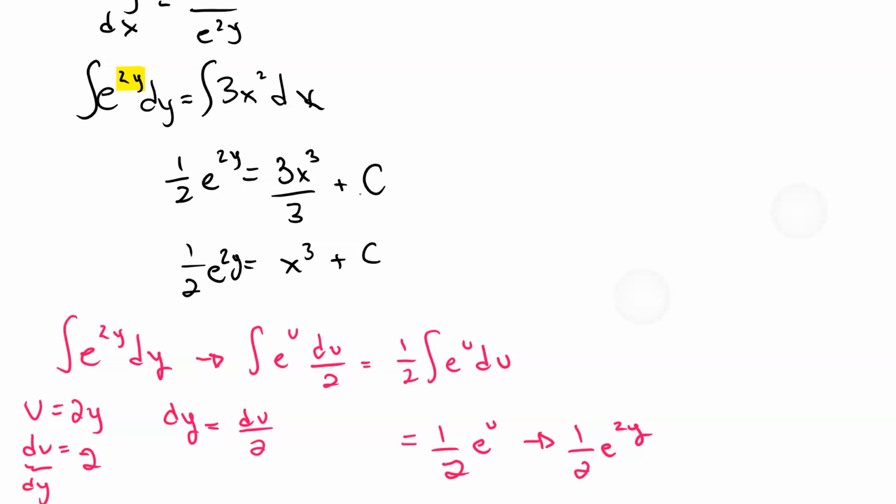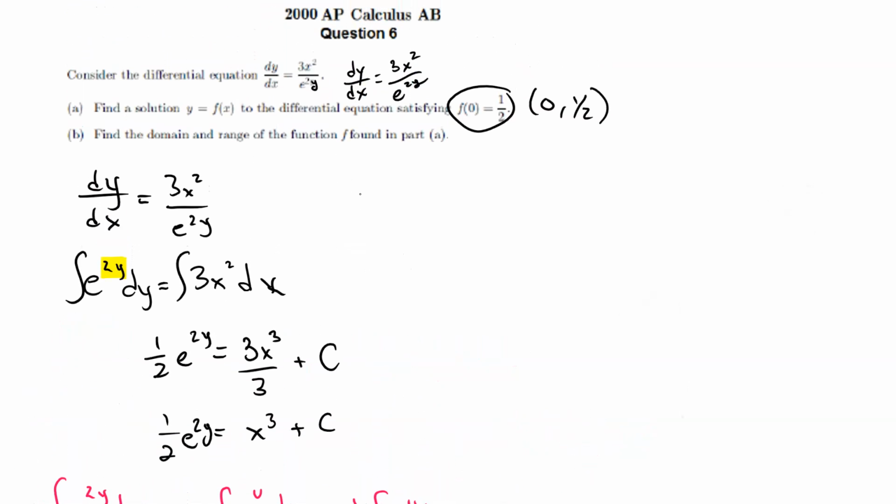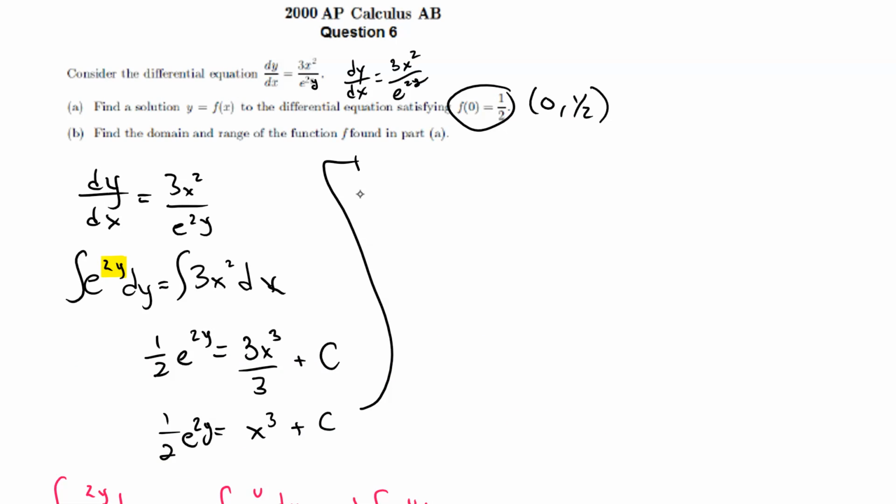And we were instructed to look at the point (0, 1/2), so we're going to substitute that in. I've got 1/2 e to the 2 times 1/2 equals 0 cubed plus c, my bad.